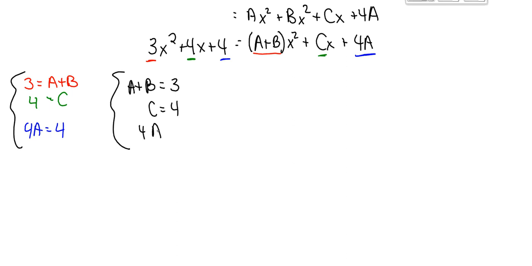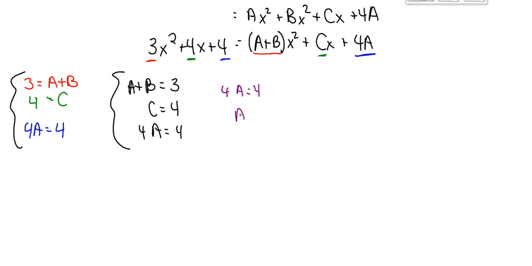I don't think I even want to put this in row echelon form because it's pretty straightforward. I can just start solving right away. Since 4a equals 4, a equals 1.